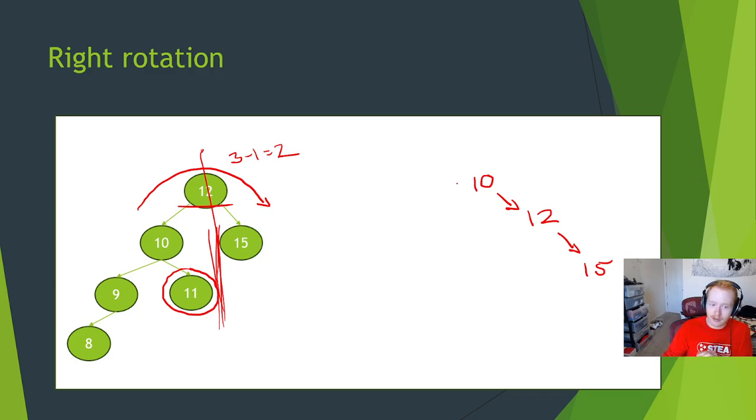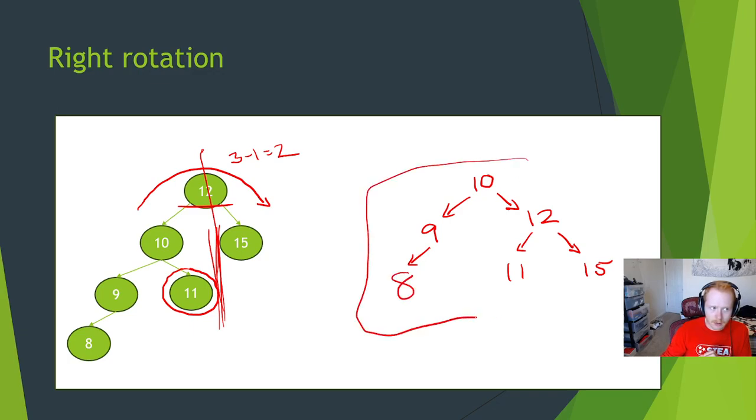It should not be there if 10 is our new root. So what we have to do is shift it to the right side and put it as the left child of 12. And everything else comes up, so 9 and then 8. And this is what our right rotated tree would look like.